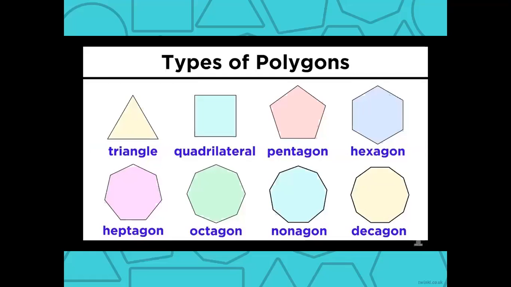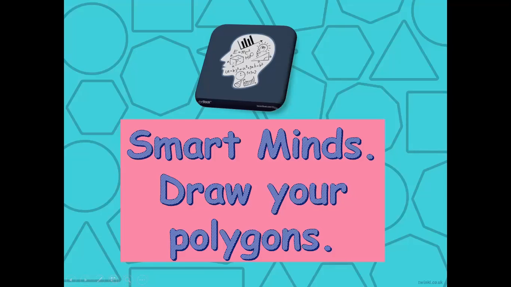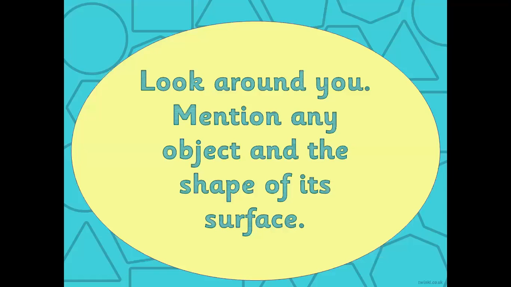Look at them again once more: triangle, quadrilateral, pentagon, hexagon, heptagon, octagon, nonagon, and decagon. Oh, let me leave this slide. Draw any of them of your choice. Okay, having drawn that, let's do this together.